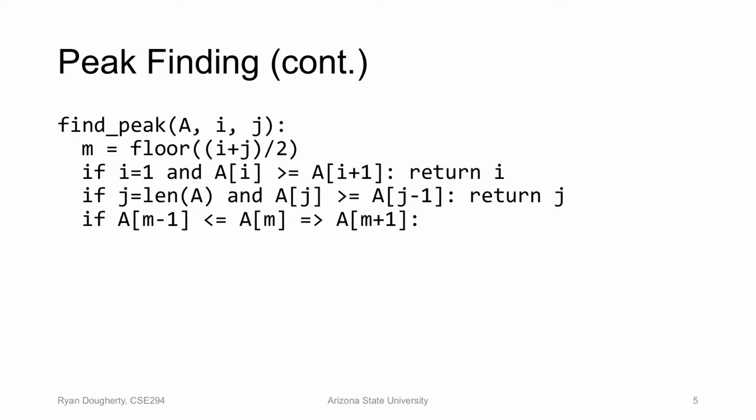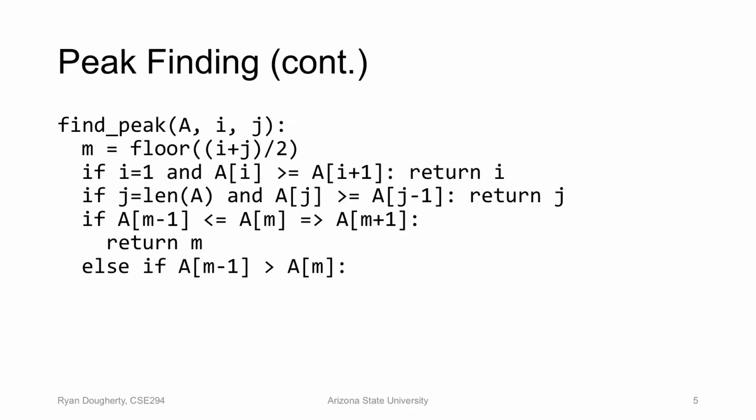But otherwise, in those two first if statements, I didn't actually use the value of the middle element. But now I have the case where the middle element's not at the end, right? So what I'm doing is making sure that if this middle element is greater than both of its neighbors, then we obviously have a peak, so we must return that one.